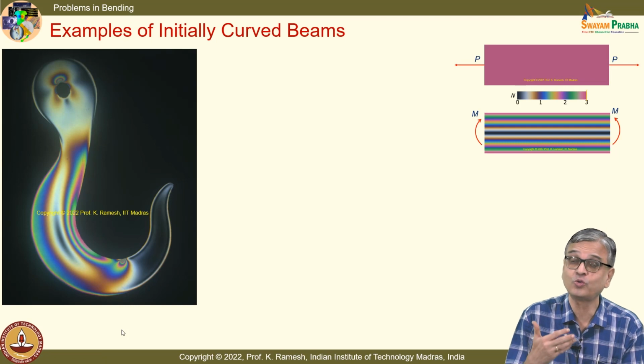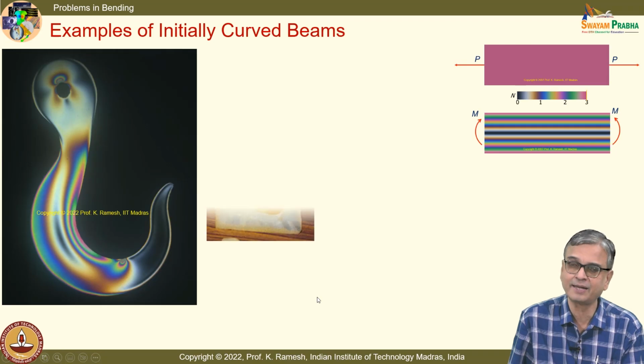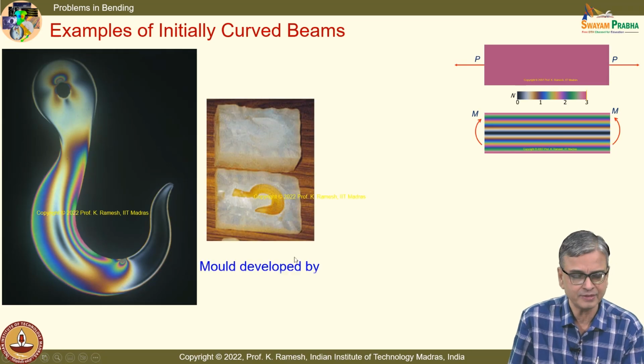Fine. So, you have a significant bending moment, and in reality you will not have a crane hook like a 2-dimensional object. It will be a 3-dimensional object, will be very heavy, and you also have a 3-dimensional model of the photoelastic hook created by rapid tooling. You have silicon mold.